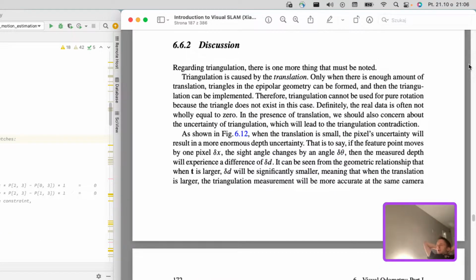Okay, regarding triangulation, there's one more thing you must note. Triangulation is caused by translation. Exactly. We need triangles in epipolar geometry. So triangulation cannot be used for pure rotation because the triangle doesn't exist. Very logical.